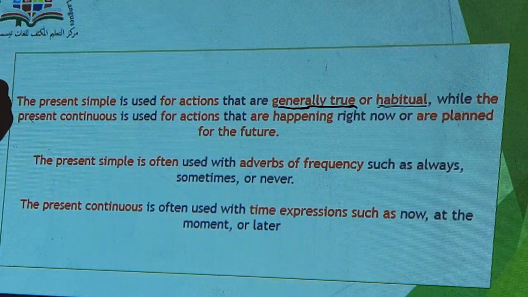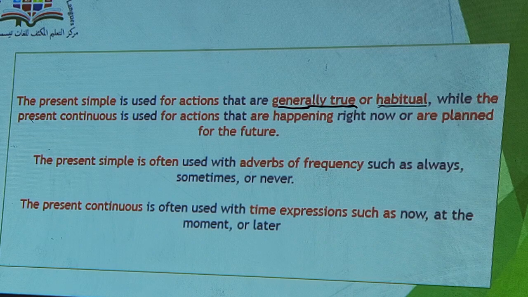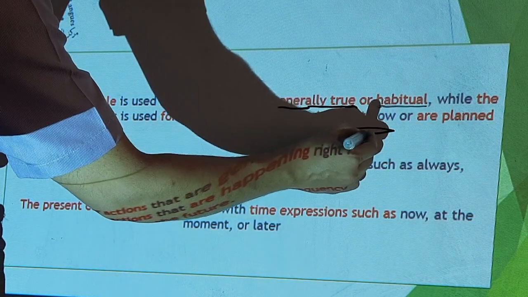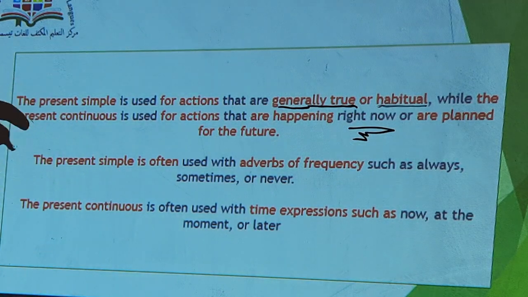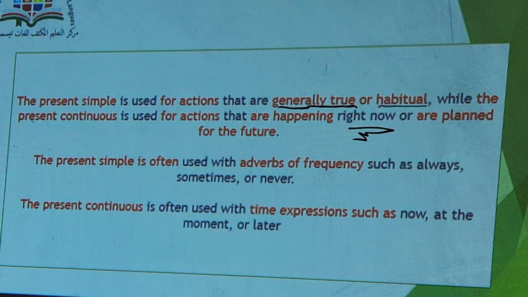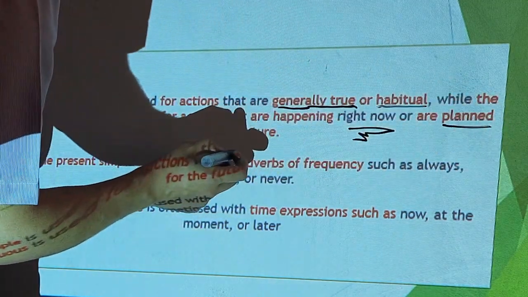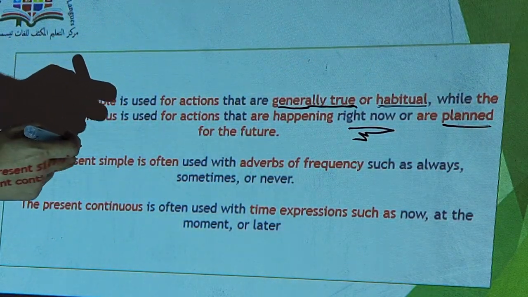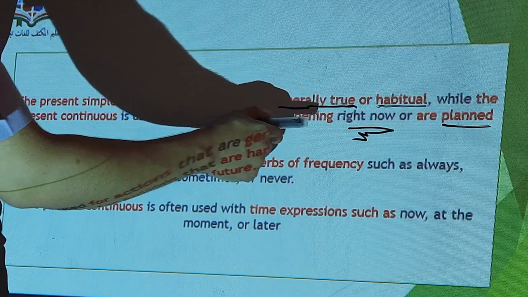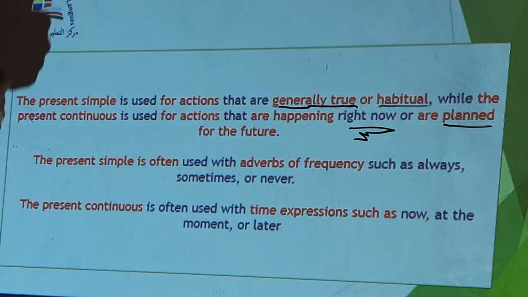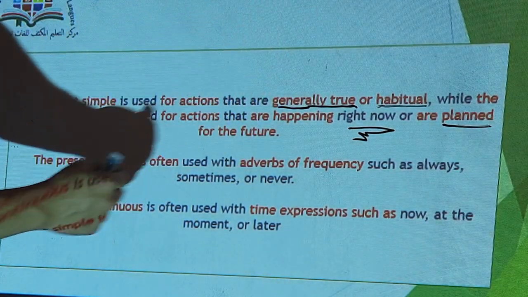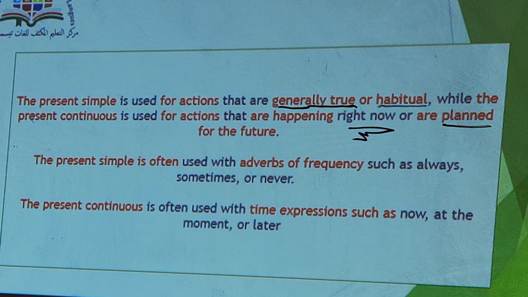While the present continuous is used for actions that are happening right now, or are planned for the future. So here we have the two functions of the present continuous: happening right now, which means at the moment of speaking, or planned for the future.